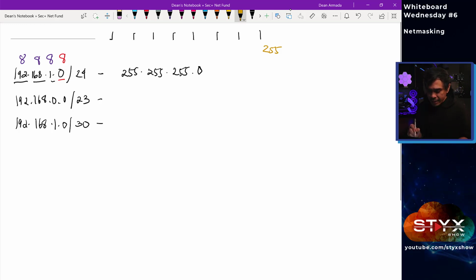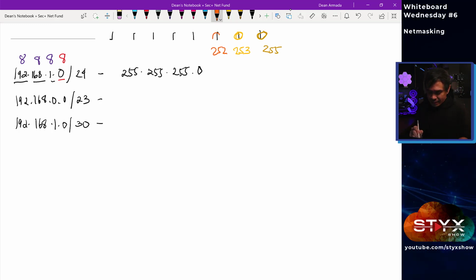Now, if I set this to 0, meaning only 7 bits are set to ones, this will become 253. Now, if I set this bit to 0, meaning 6 bits are ones, 2 bits are 0, this will be 252.